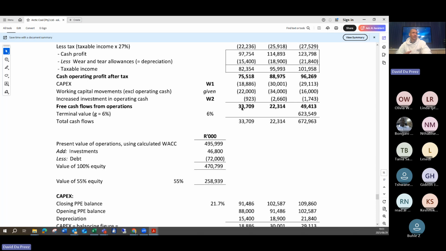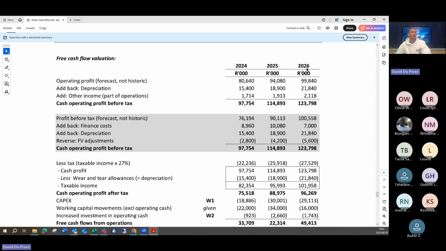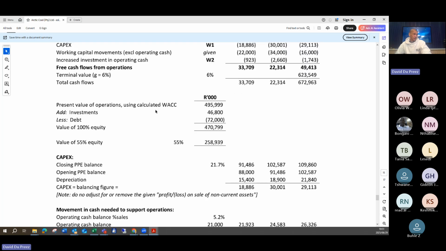Free cash, and then you have what they call a terminal value year that gets calculated. This year becomes your cash flow for each financial year, 24, 25, 26. You add back some investments, you less some debts. Now you're getting 100% of the equity.